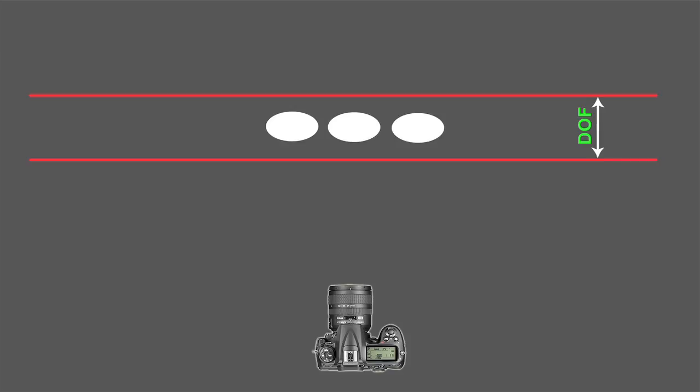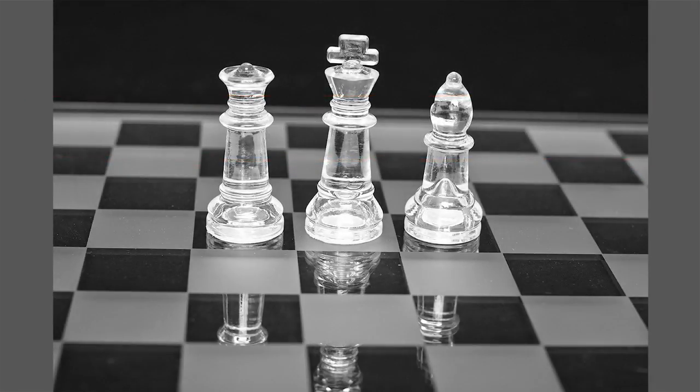Let's add two more subjects and put them next to the subject on which we are focusing our camera. This way all three subjects are pretty much the same distance from the camera. Let's see how it will work in practice. As you can see, all three subjects are in focus.